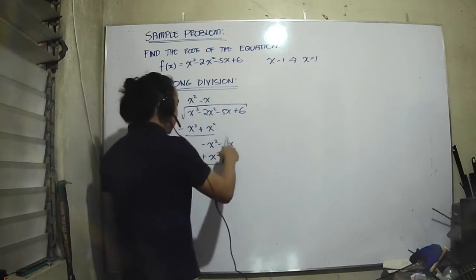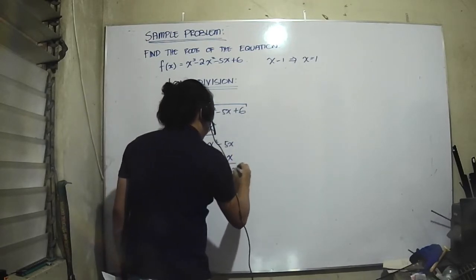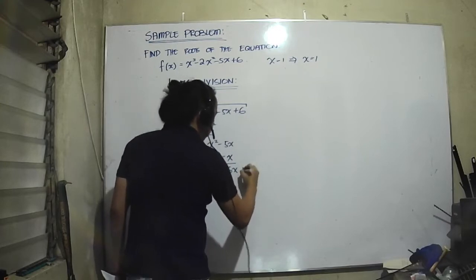This is 0, this cancels out. So this is negative 6x, and bring down 6.